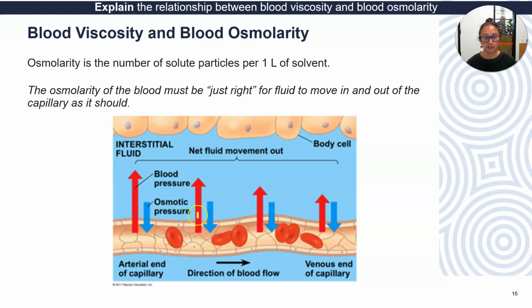And we will do this fluid through the capillary bed later on, but just so you're aware of it now, your blood osmolarity needs to be at the homeostatic level. So your blood viscosity is at the homeostatic level. If you have too much stuff dissolved in your blood, it is going to be more viscous and is not going to flow as much. So have a bit of a think about what the link is between blood osmolarity and blood viscosity and flow.